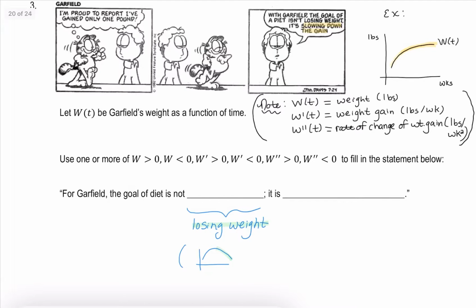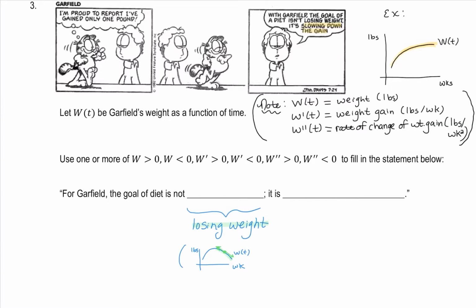The slope of the tangent line, the rate of change at any point, would be negative.